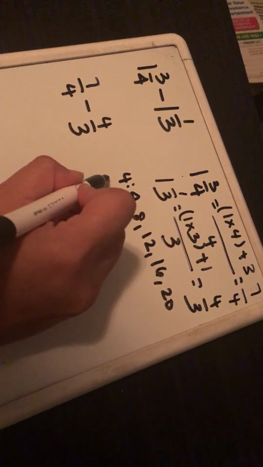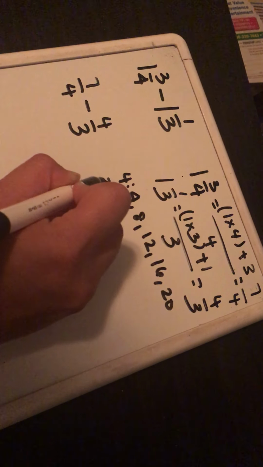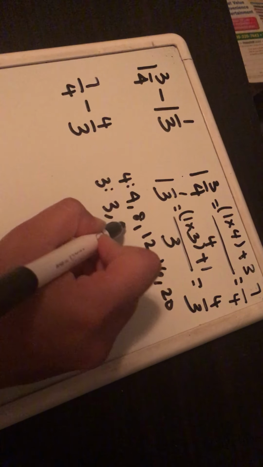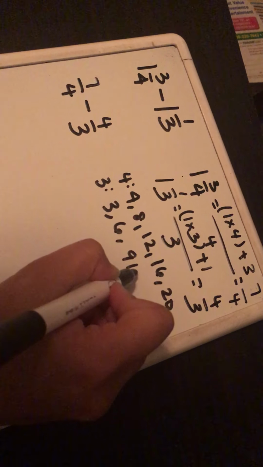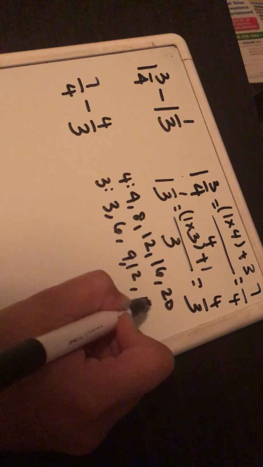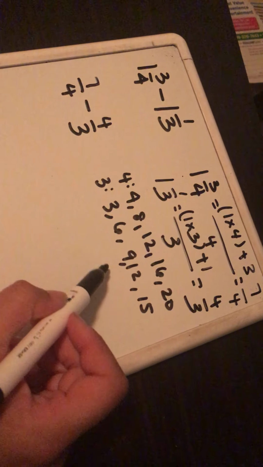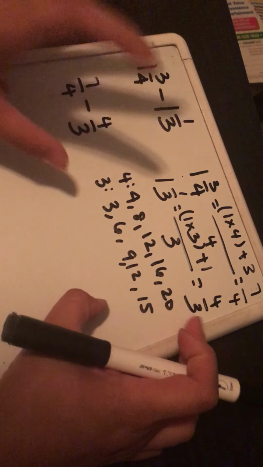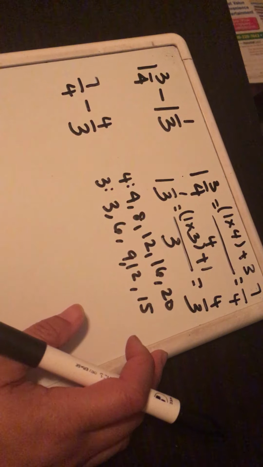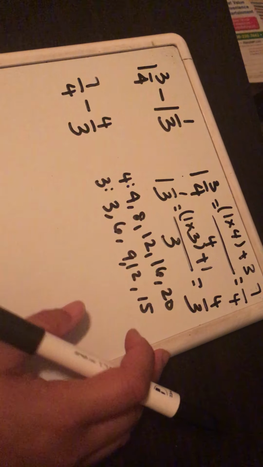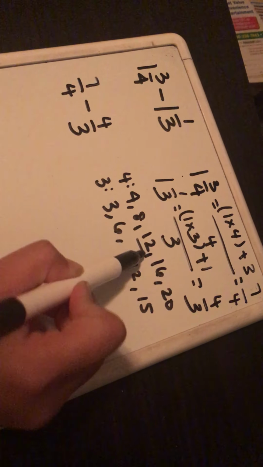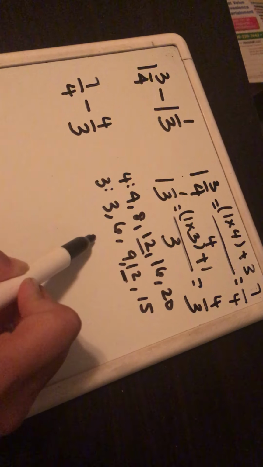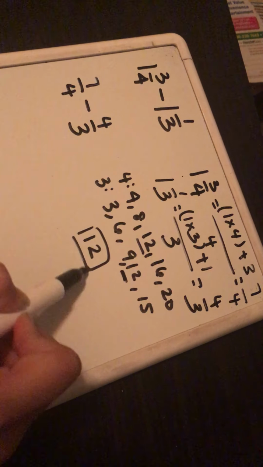Okay, and let's list out the multiples of 3. 3, 6, 9, 12, 15. So from here, when we look at the multiples of 4 and 3, we have to decide what one number 4 and 3 have in common. So 12 is what we're looking at. So our new denominator is 12.